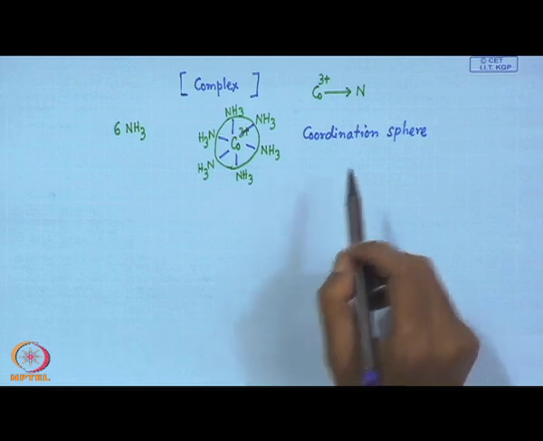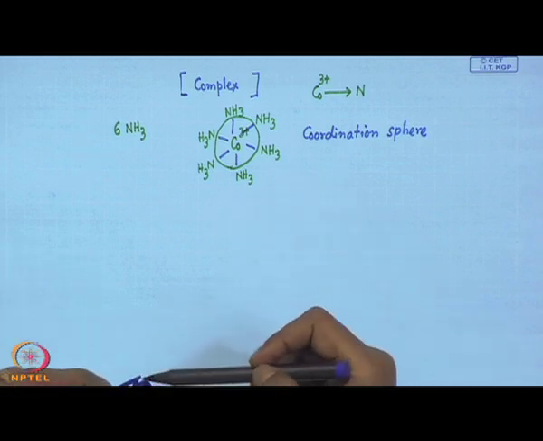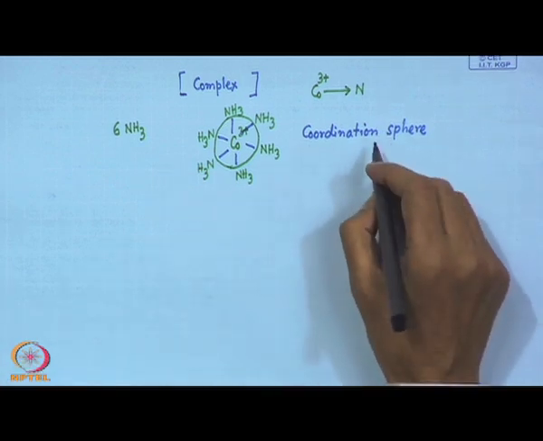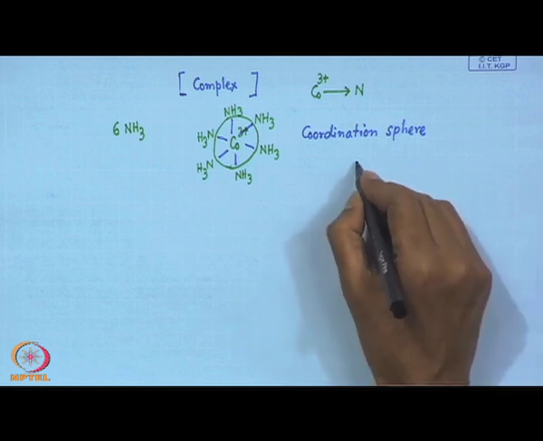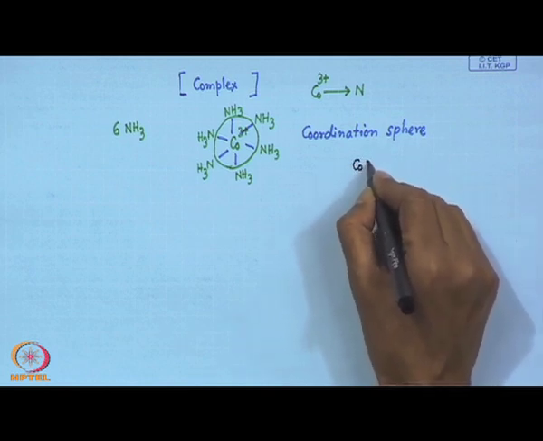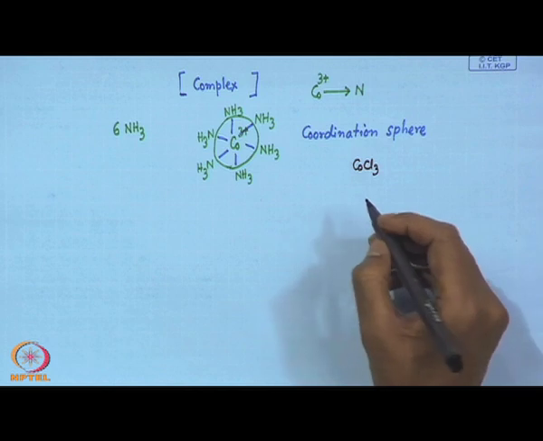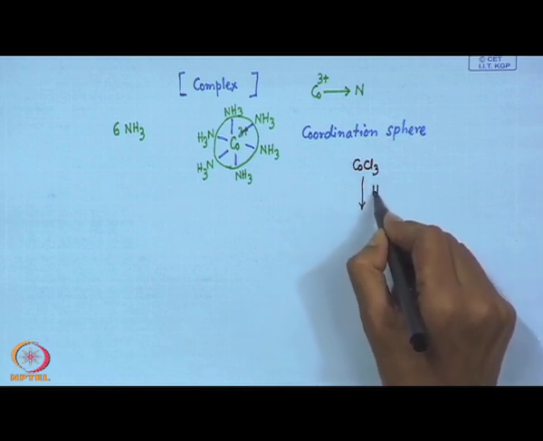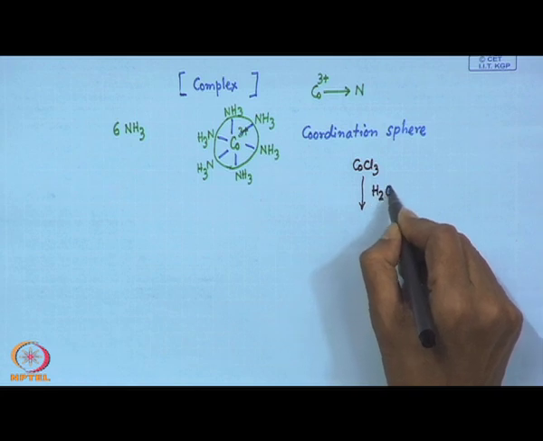And interestingly, now we can compare how this coordination sphere looks. We had cobalt as the corresponding cobalt chloride salt and we dissolve it in water as the solvent.